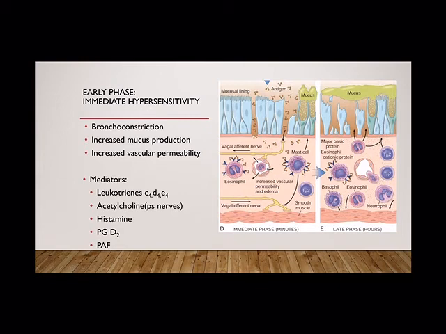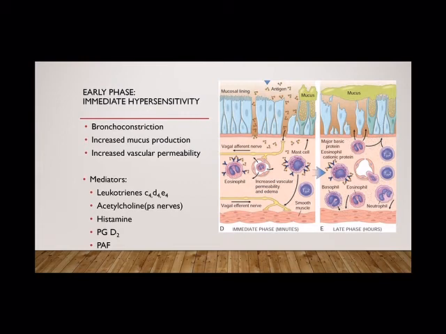Okay, once these mediators come, what are the actions of these mediators? As you know, the leukotrienes C4, D4, E4 and your acetylcholine and histamine are all bronchoconstrictors. So once these mediators are released, it will cause your episodic bronchoconstriction.